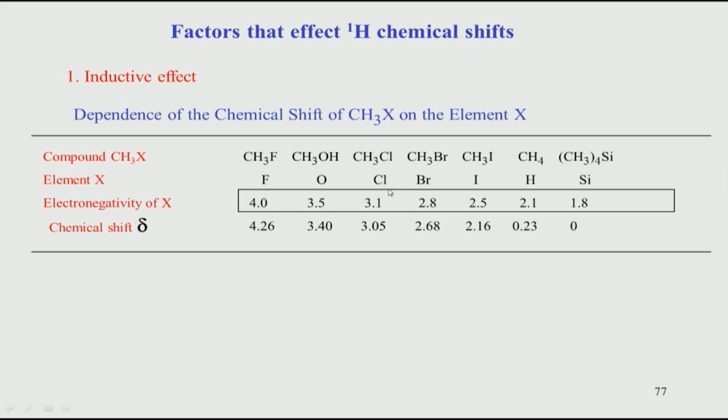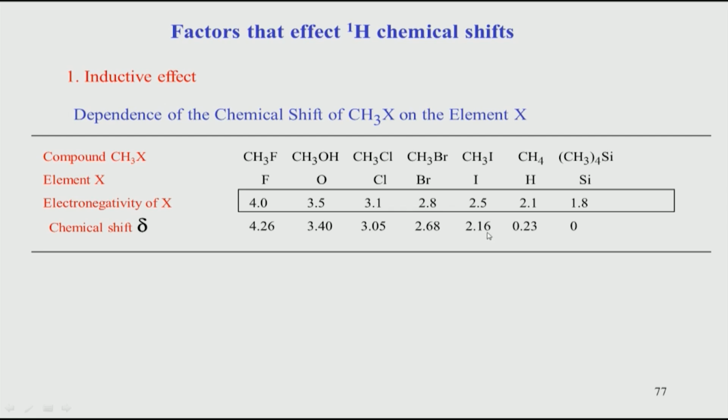Similarly, if you go to heavier halogens, we know that the electronegativity decreases. For example, if you look at a CH3I system, it comes at 2.16, downfield shifted compared to methane, but upfield shifted compared to methyl chloride.